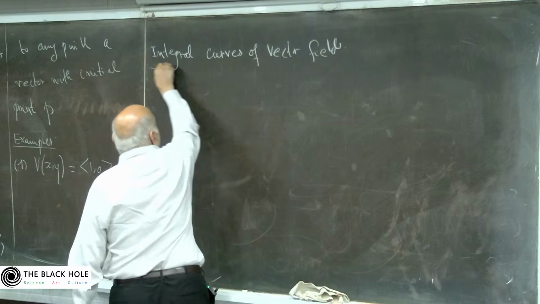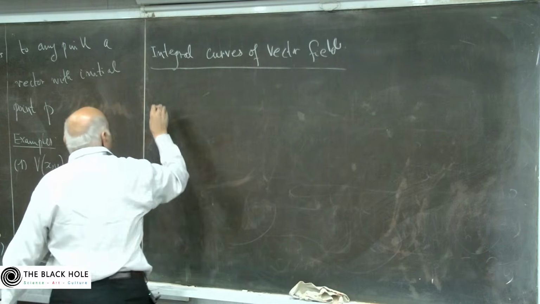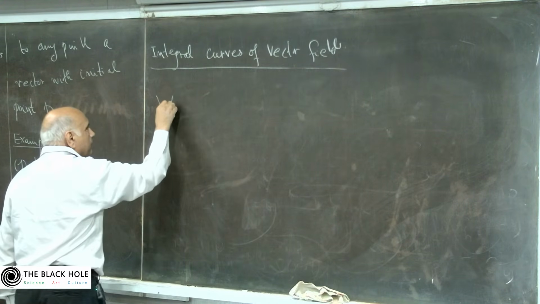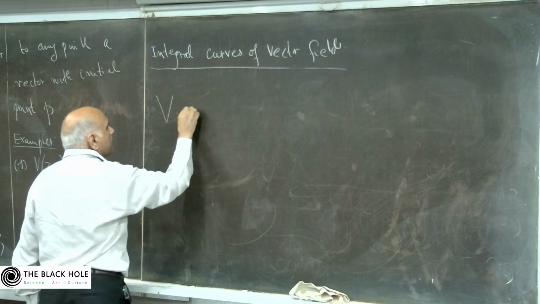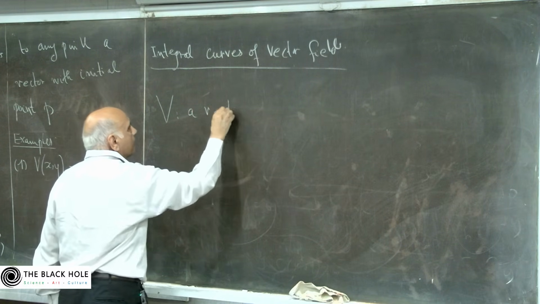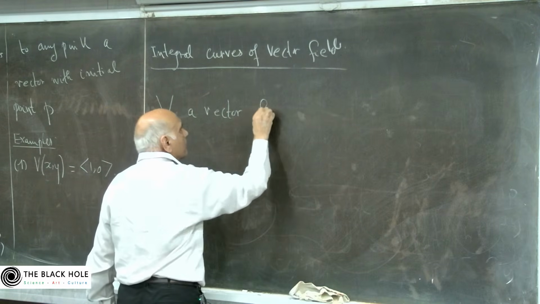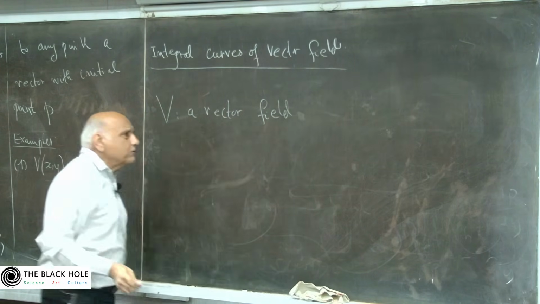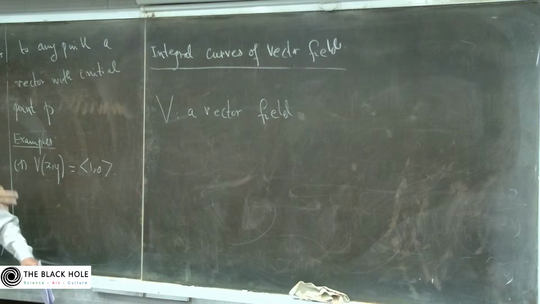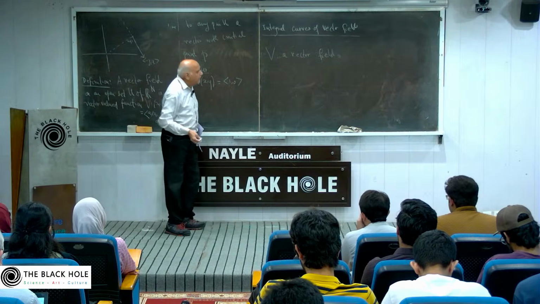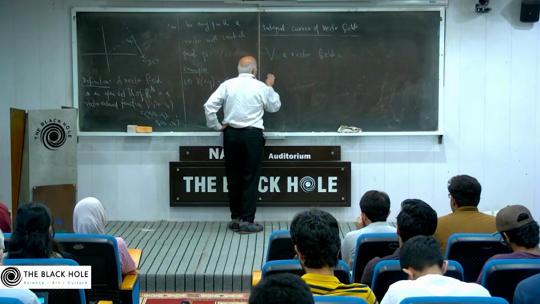Okay. So V is a vector field. You know, I want to empower you to have a feeling for what's going on, and that can only come from examples. Okay. So V is a vector field.